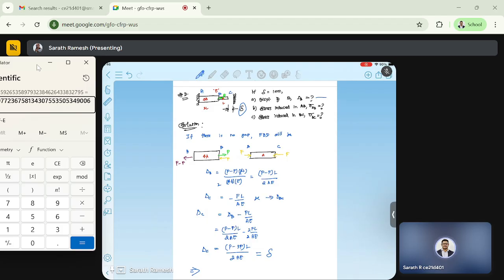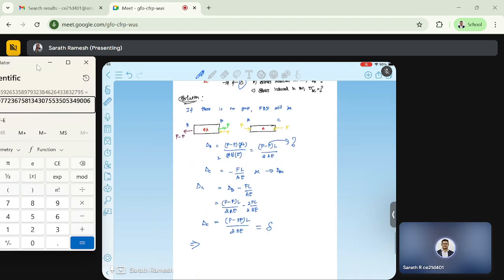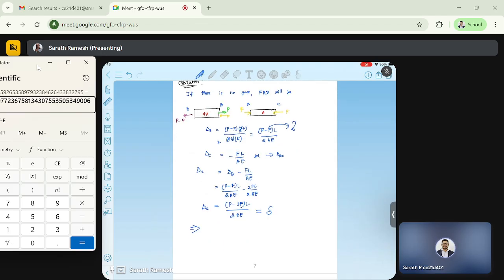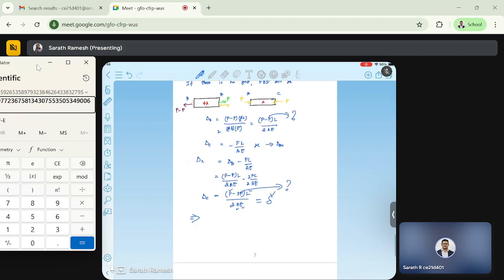Actually, the question they have asked is delta B, but to solve this, we need to know the value of F, which is the unknown. Everything else is known. F is the unknown. So we'll keep F alone on one side.